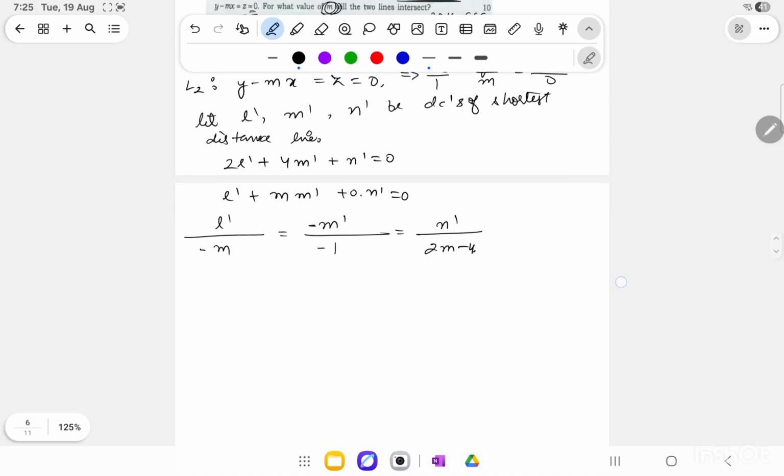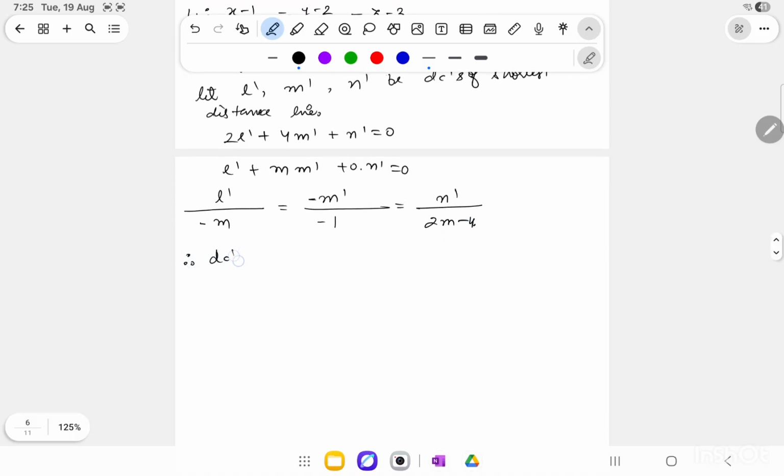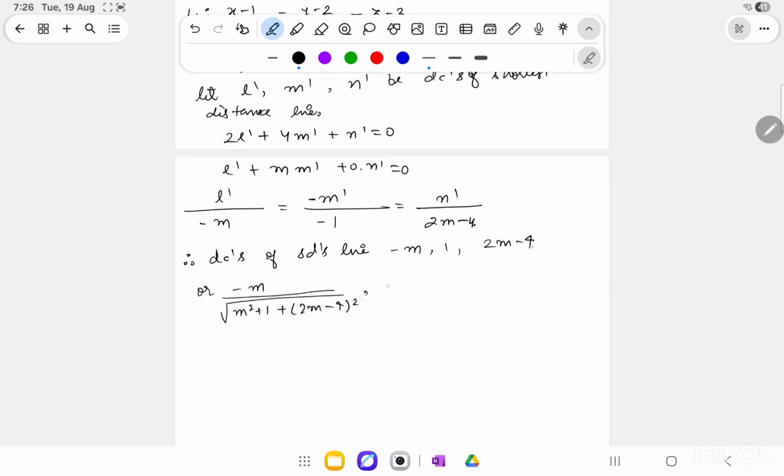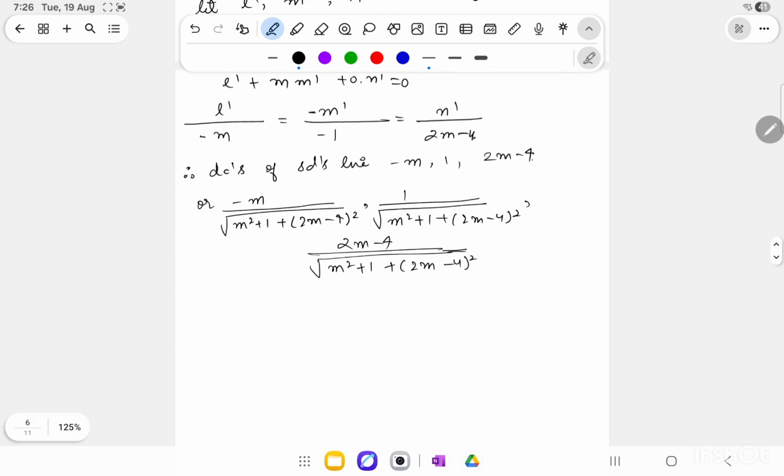So my direction ratios of the shortest distance line will be minus m, 1, 2m minus 4, or I can write the direction cosines as minus m upon under root m square plus 1 plus (2m minus 4) square, 1 upon under root m square plus 1 plus (2m minus 4) square, and 2m minus 4 upon under root m square plus 1 plus (2m minus 4) square. So these are my direction cosines of the shortest distance line.